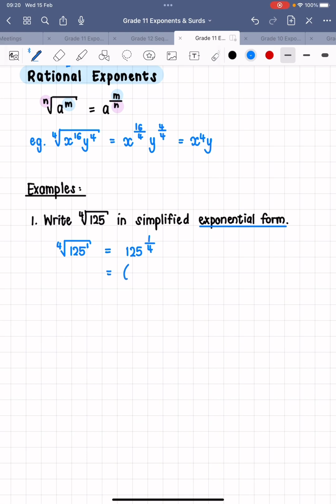We can write it like this, 5 cubed, and that will then be to the power of a quarter. And now we know that rule, if you have an exponent inside a bracket and outside a bracket, you just multiply those two exponents together.